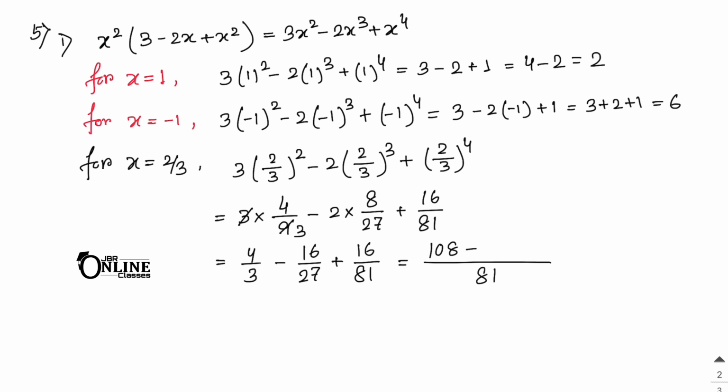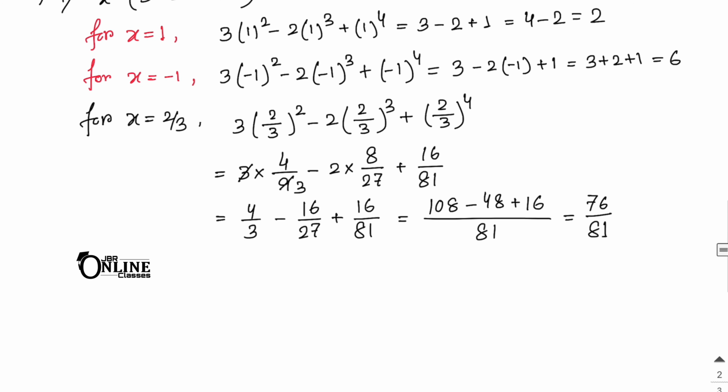Next one, 81 divided by 27 is 3. So 3 into 16, you know that it's 48, and the last one will be 16. Now 108 plus 16 equals 124, minus 48 equals 76. So 76 by 81 is your final answer.